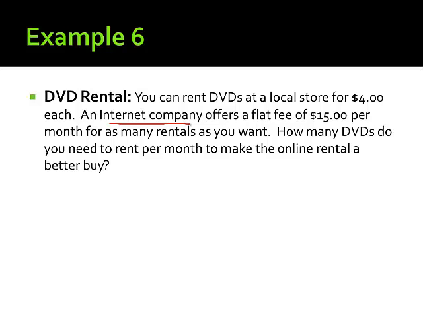But we have renting a DVD at a local store for $4 each. So your equation for the rental store is going to be $4 times the amount of DVDs that you rent. So there's your y equals 4x. And for the internet company, you have a flat fee of $15 per month for as many rentals as you want.